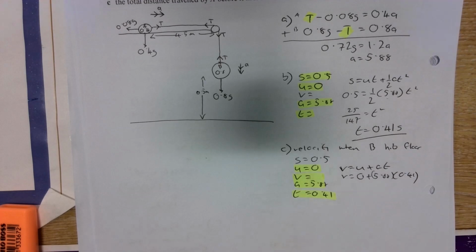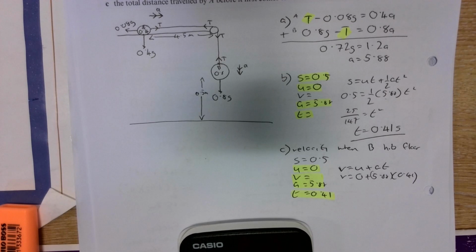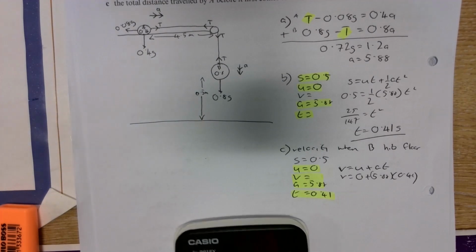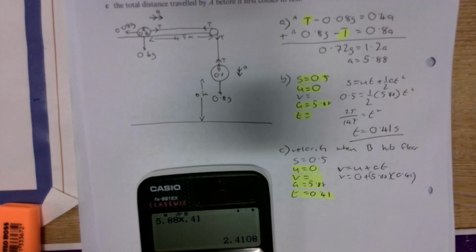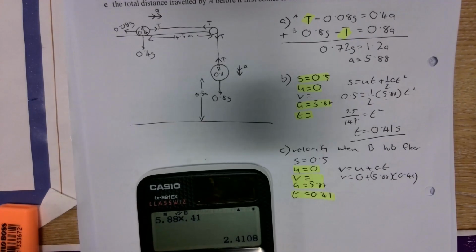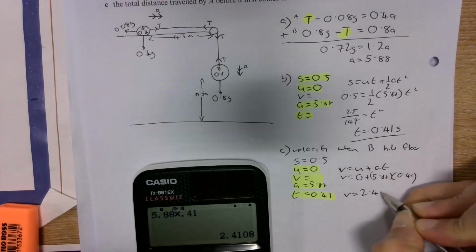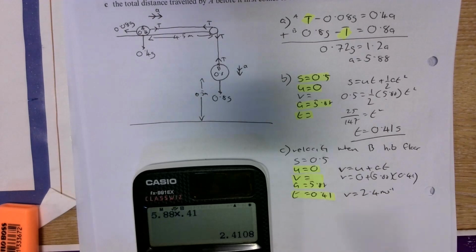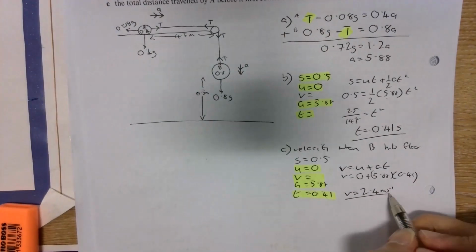That gives me around 2.4. So V equals 2.4 meters per second. That is the speed of this thing as this hits the floor.